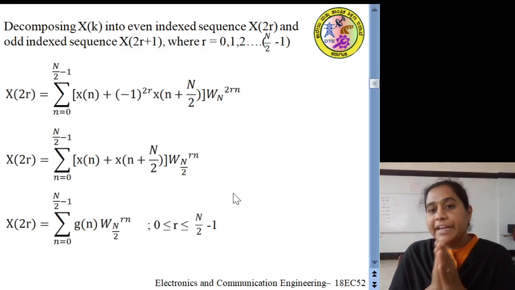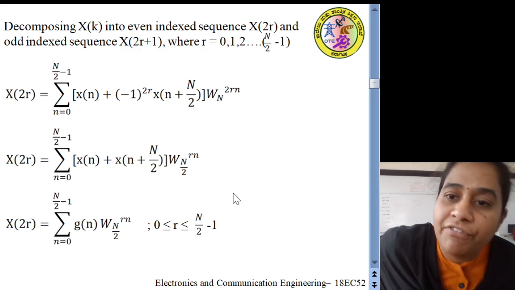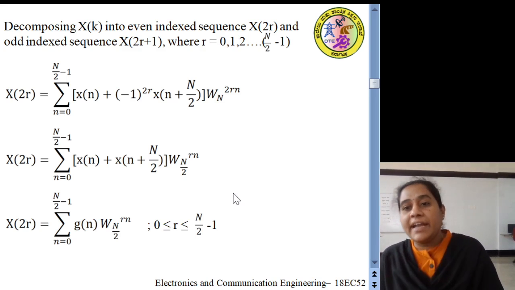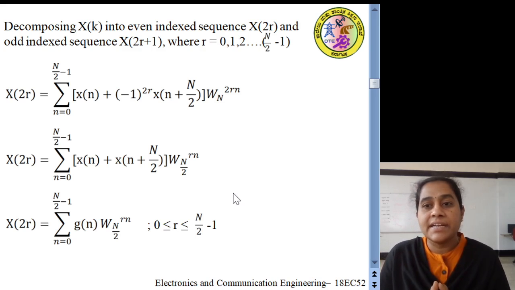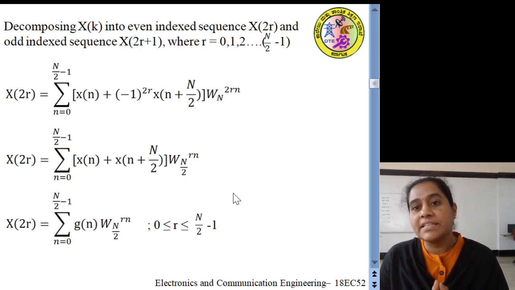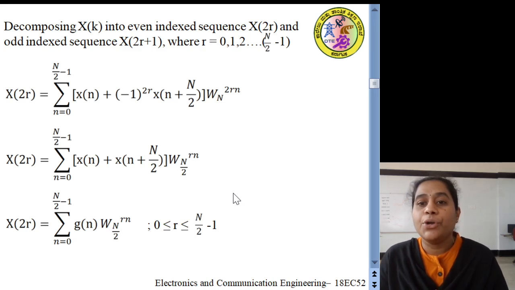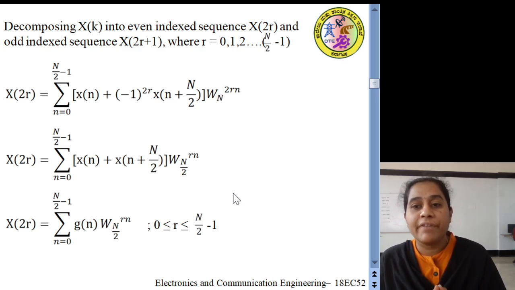Now, we decompose our DFT X of k into an even index sequence and an odd index sequence. The even index sequence is represented by x of 2r and the odd index sequence is represented by x of 2r plus 1. Here, the value of r varies from 0, 1, 2 up to N by 2 minus 1.